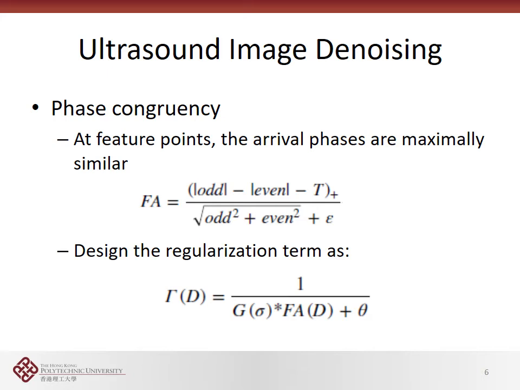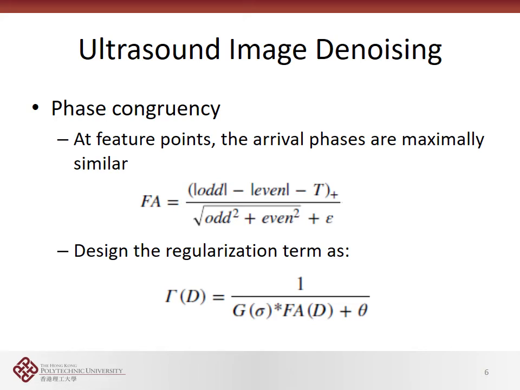In other words, at the feature points, the phase congruency is larger than the phase congruency at the noise points. So based on this concept, we design the following regularization term.